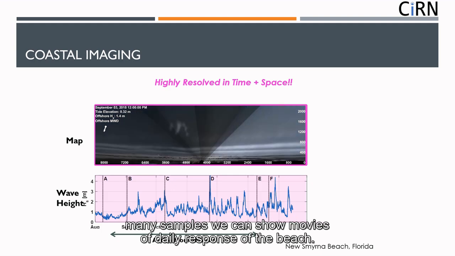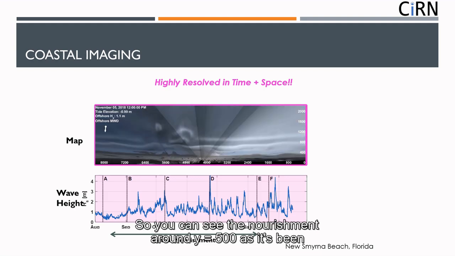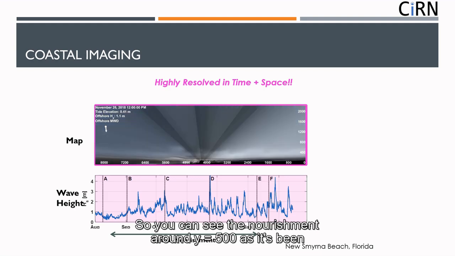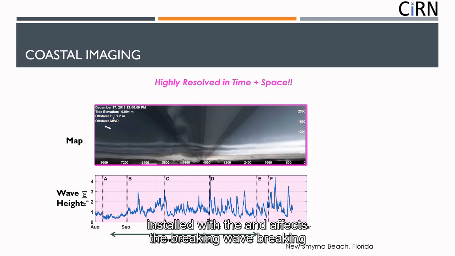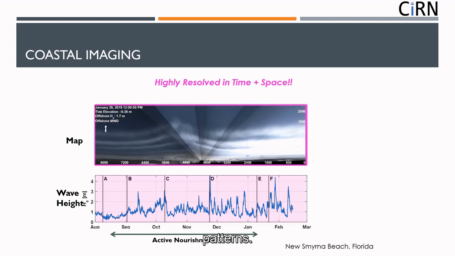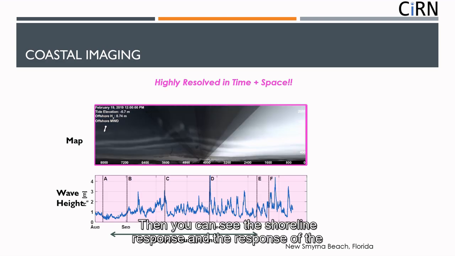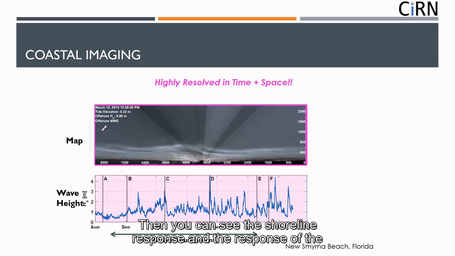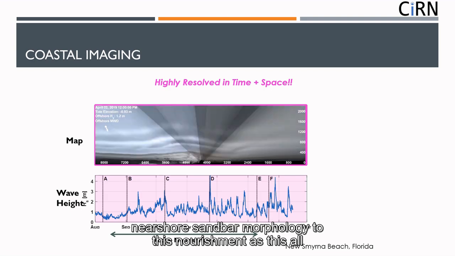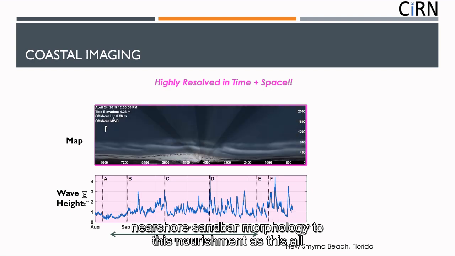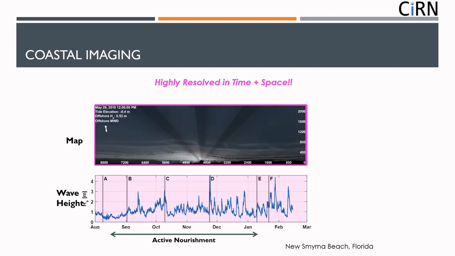Because we've got so many samples, we can show movies of daily response of the beach. So you can see the nourishment around y equals 500 as it's been installed and affects the wave breaking patterns. Then you can see the shoreline response and the response of the nearshore sandbar morphology to this nourishment as this all evolves through time.